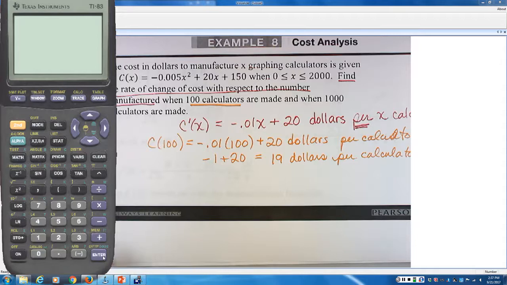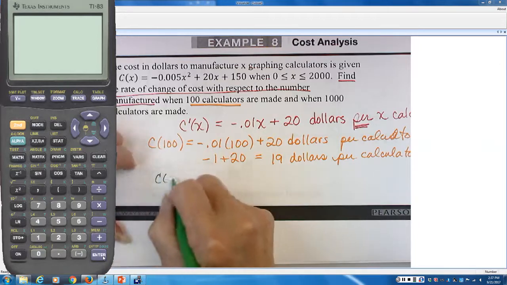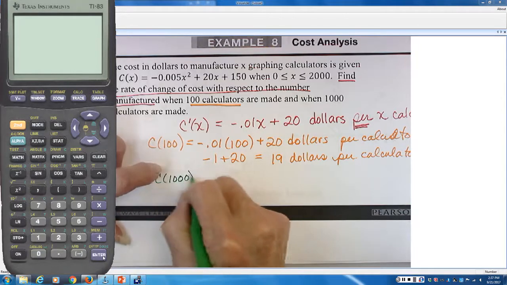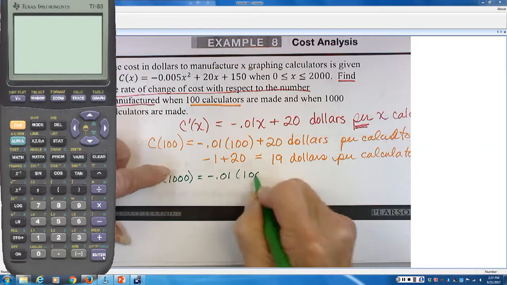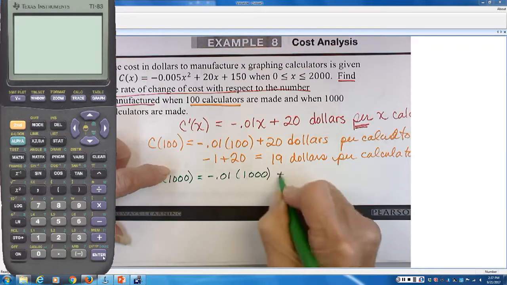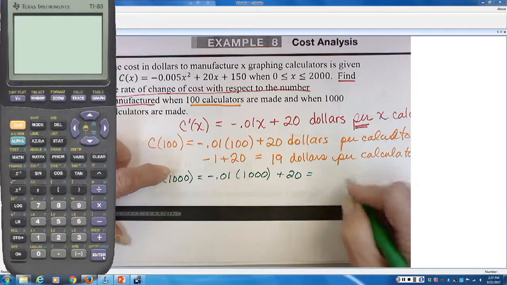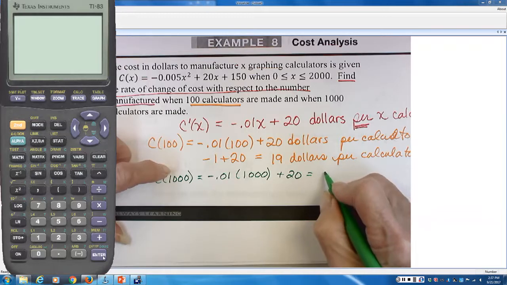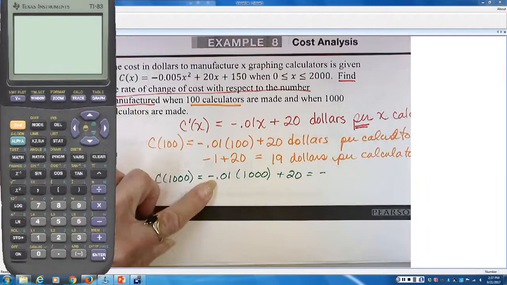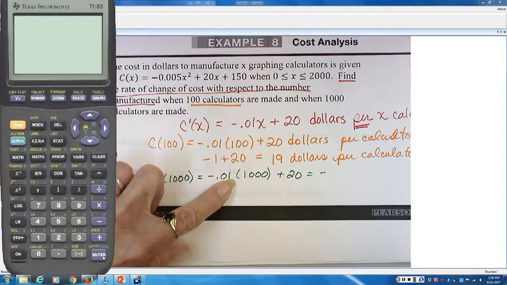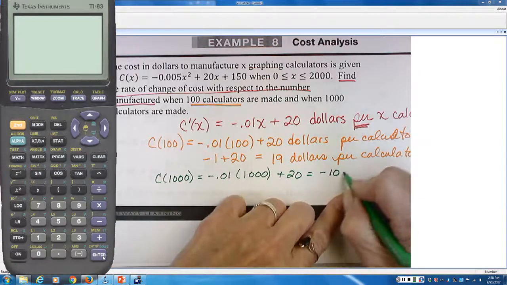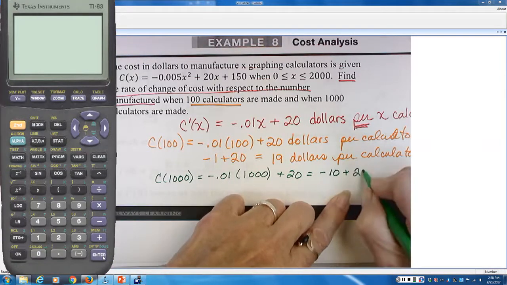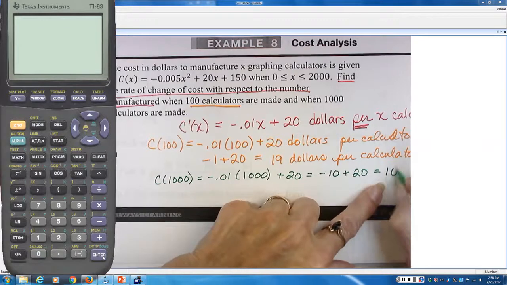And then for 1,000 calculators, let's see, move it 3 decimal places, you're going to get negative 10. Which is 10.